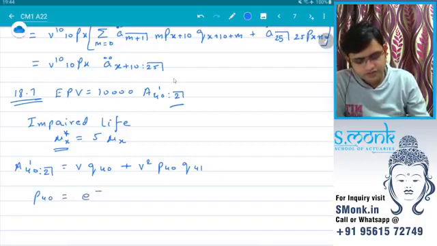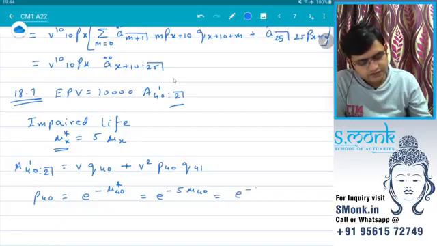P40 is going to be e raised to minus mu star 40. So I can say that is e raised to minus 5 times mu 40, and that is why this becomes e raised to minus mu 40 the whole raised to 5.